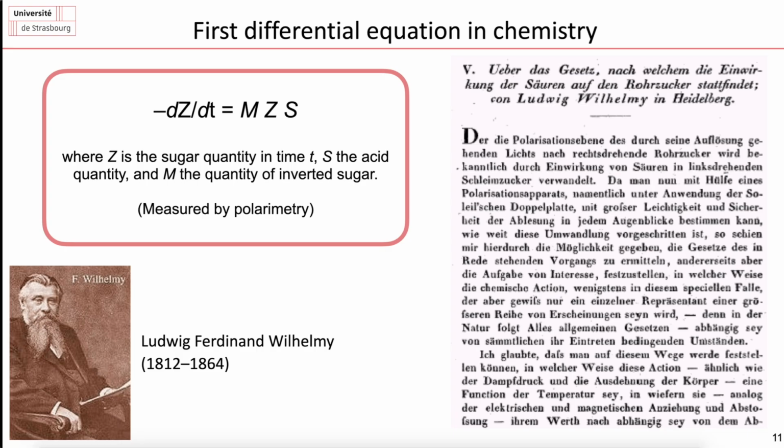So this was a very important reaction in the development of the first kinetics, because it was easy to measure and to quantify using polarimetry. So we'll later see that, of course, you can integrate this.